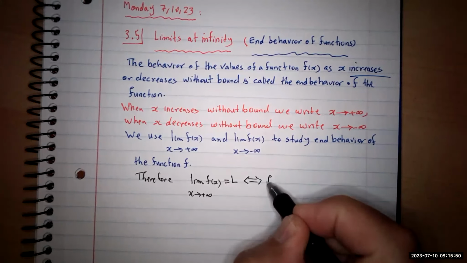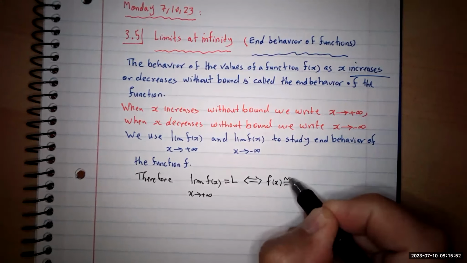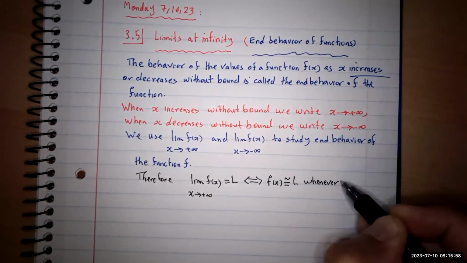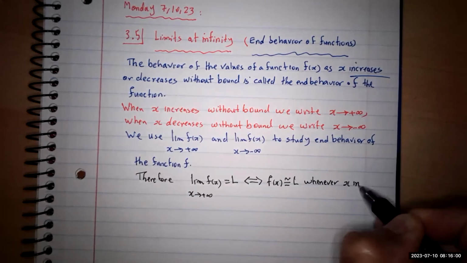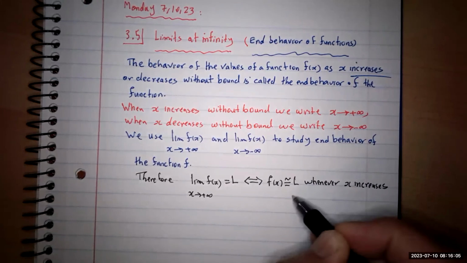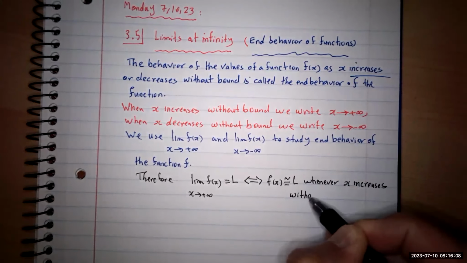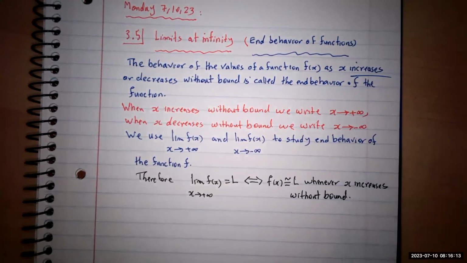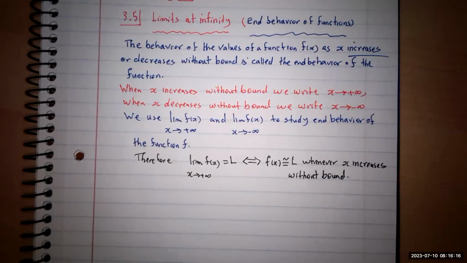If and only if f of x can be estimated, it's going to be almost L whenever x increases without bound. Again, you can say that I can estimate f of x by L as close as you like, as we did before, by picking the proper number for the x here.